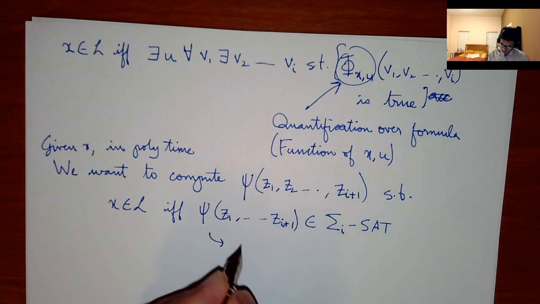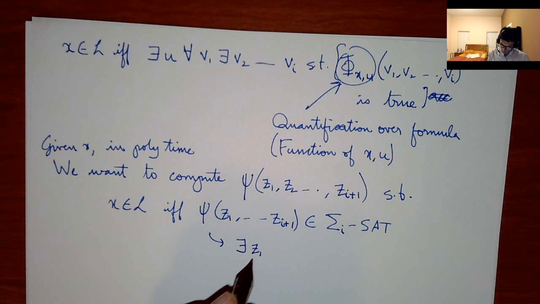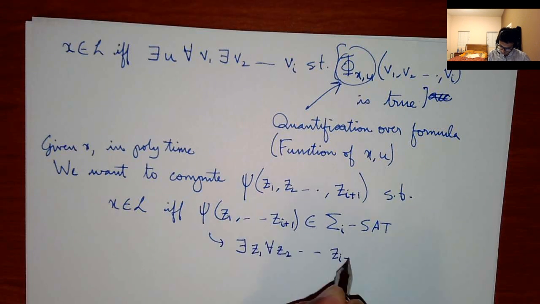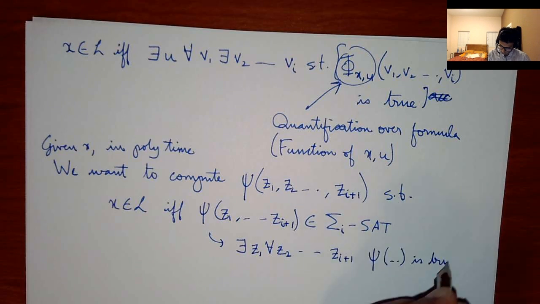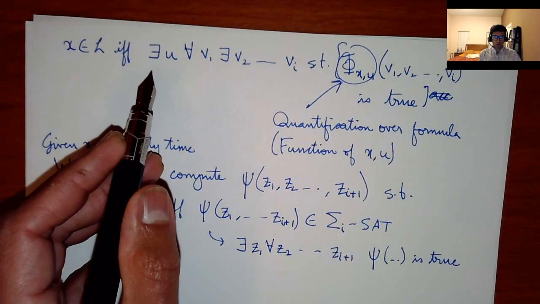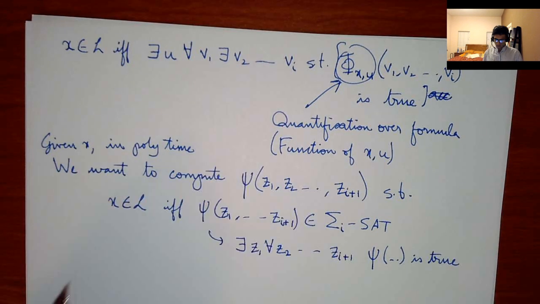This is equivalent to saying that there exists z1 so that for all z2 up to z(i+1), C is true.